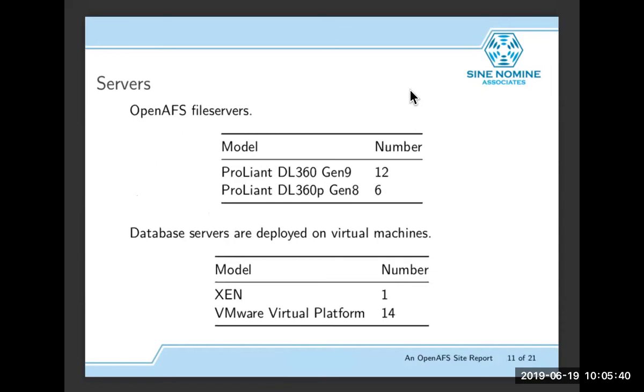I assume the file servers use the whole server, whereas the database server maybe has other servers on the same machine, and they like to keep them isolated. But we're guessing. I'm not sure. It might be historical, that's a good question. I think I'm going to ask Ralph, because I didn't realize they had a mix of virtual and physical servers until I saw this information.